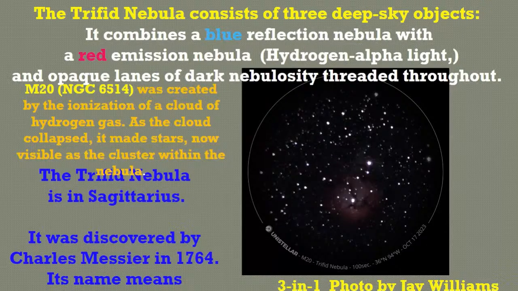The blue is hard to tell. There's a blue here and the red here. And that's in Sagittarius also, and the name means three-lobed. And if you see Jay, tell him I put his slide up there. He had to keep his telescope on this for 100 seconds to get even that faint, unenhanced photograph.